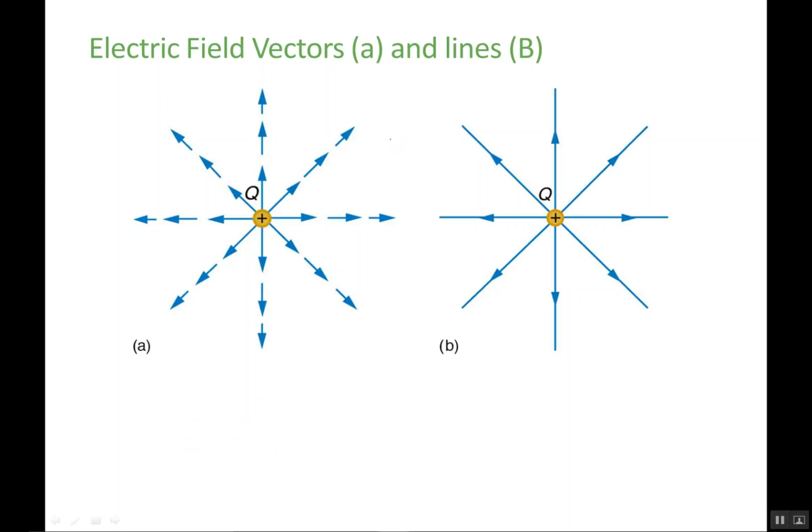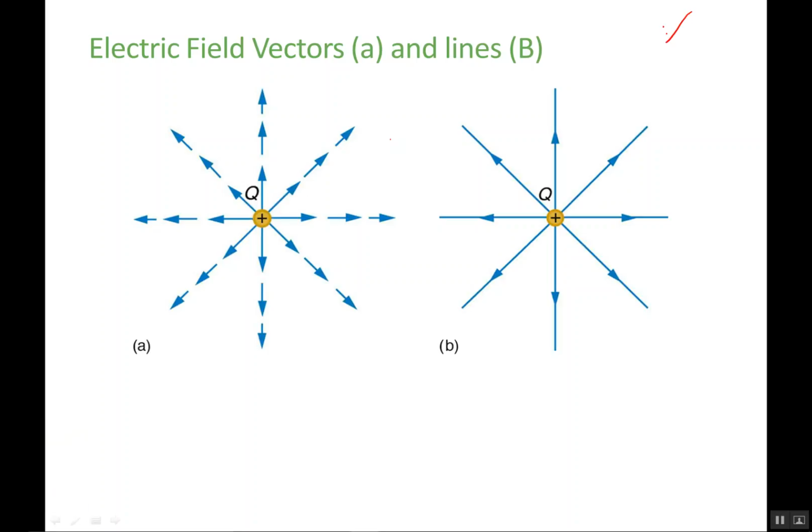Instead of drawing little vectors at every point in space surrounding a charge to represent the vector field, which is the electric field, we have another technique, which is called drawing electric field lines. Electric field lines are not vectors, but they do indicate the direction a positive charge would move if it was subjected to the field.